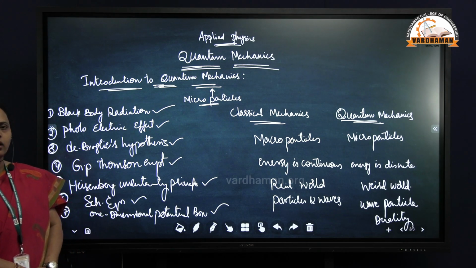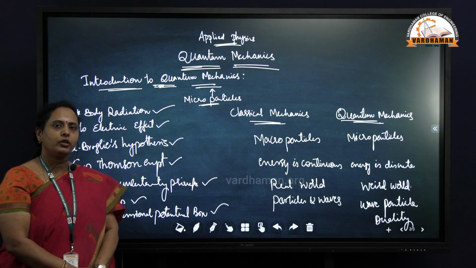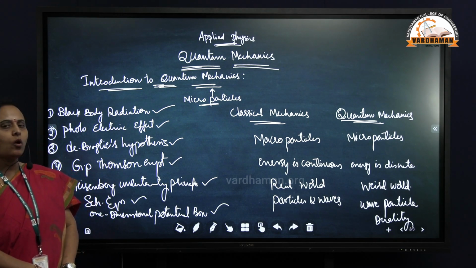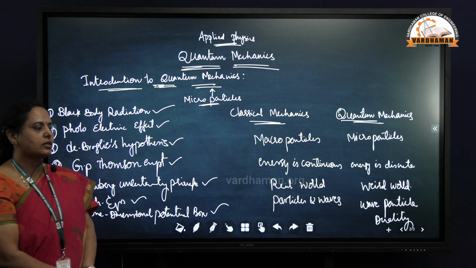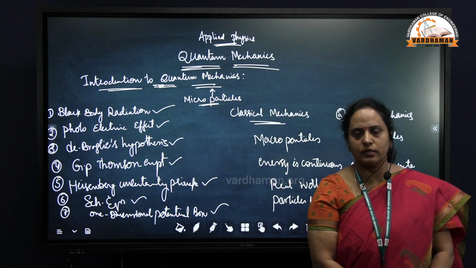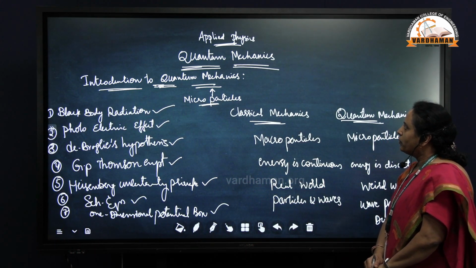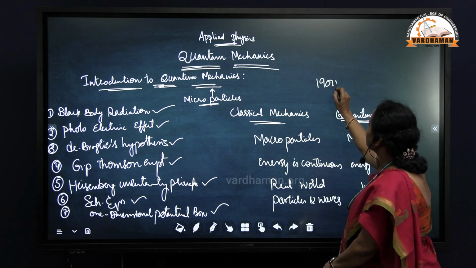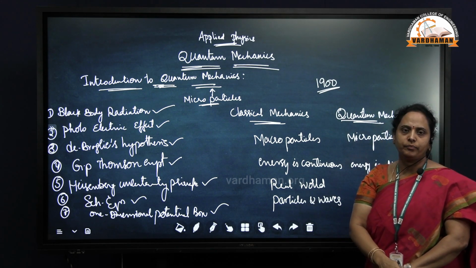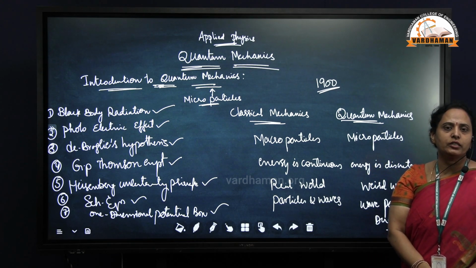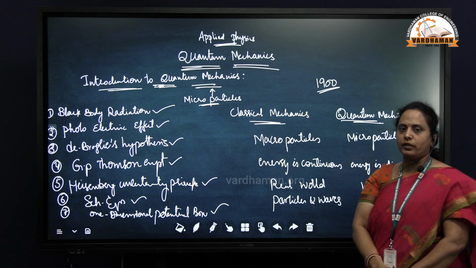Now, before going into quantum mechanics, we have to discuss what theories were available to us before the introduction of quantum mechanics. This was in the beginning of the 20th century, that is, around 1900. In that period, there was a necessity for scientists to introduce a new theory.